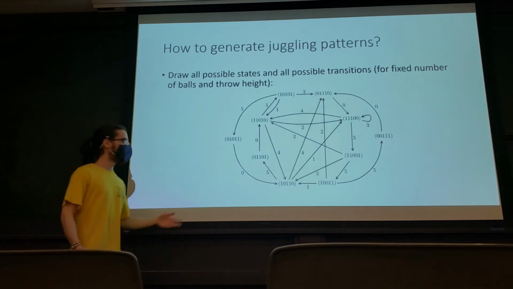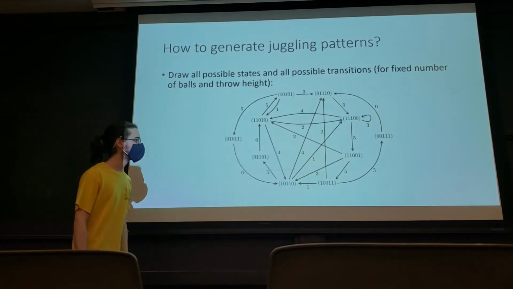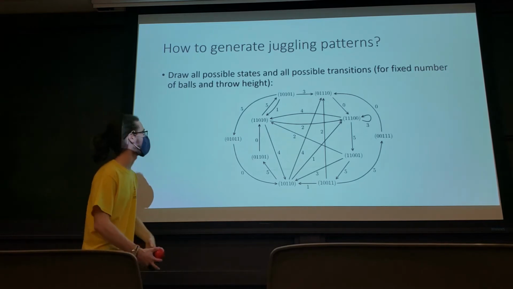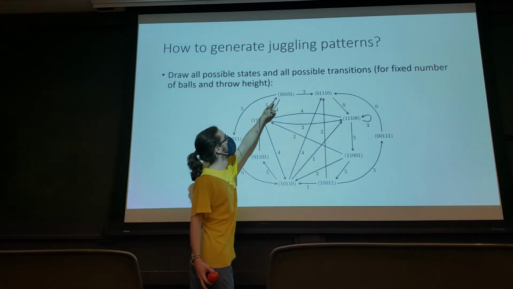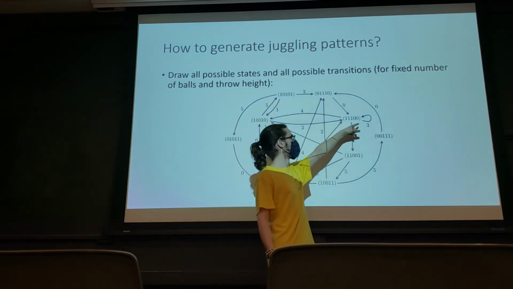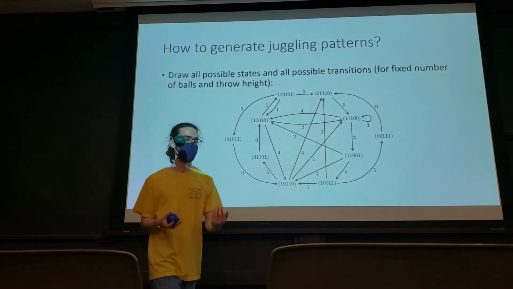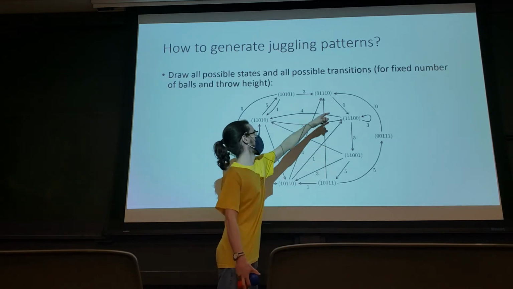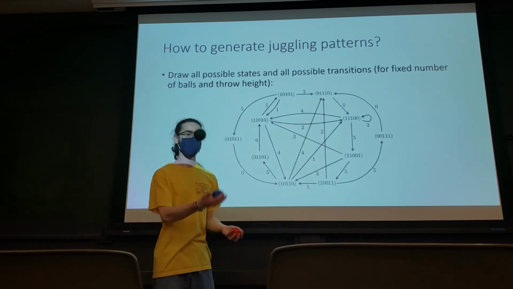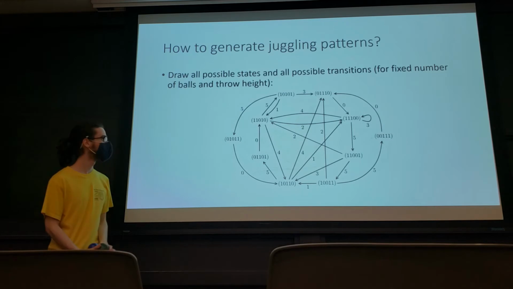So this is 3 balls with a maximum height of 5. And so our 5-1 pattern is this cycle up here, and then this cycle right here, just doing 3 3 3 3, is the regular cascade pattern. And those other cycles, for example, 4-2 is this pattern, and so on.